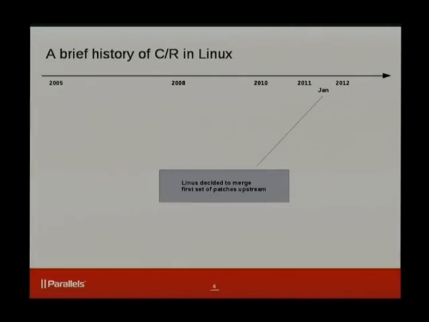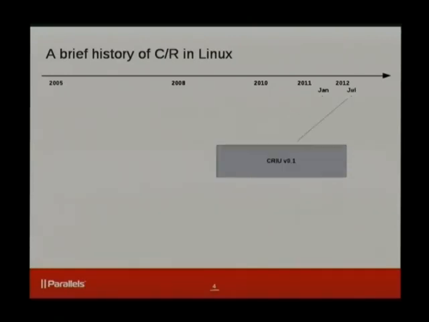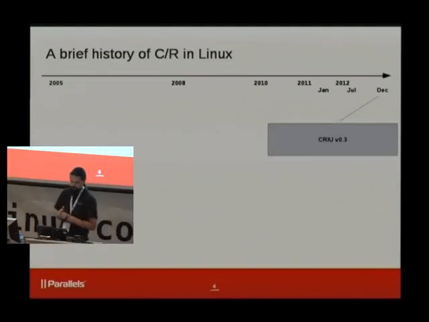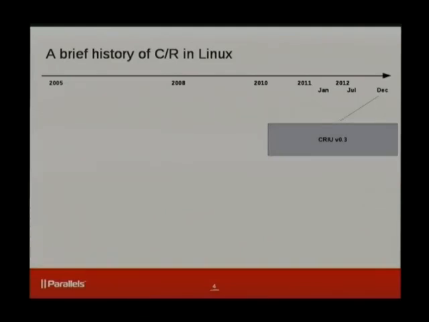We started sending patches, and sources of the user space tools too, and in the beginning of 2012, Linus decided that the additions we needed in the kernel were worth merging. He merged the code, and that can be treated as the date of the official project start. Soon after that, we released CRIU version 0.1. At the end of last year, we released CRIU version 0.3, and now we're heading to the 0.4 release.